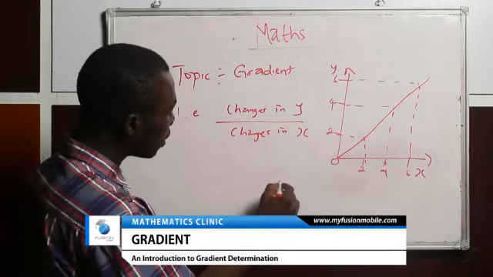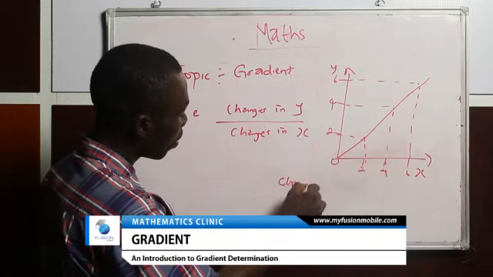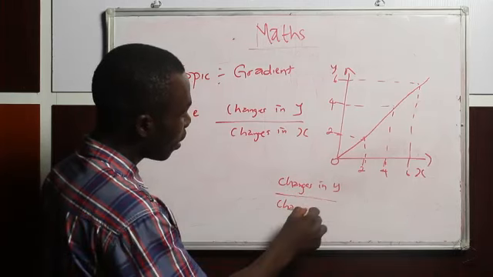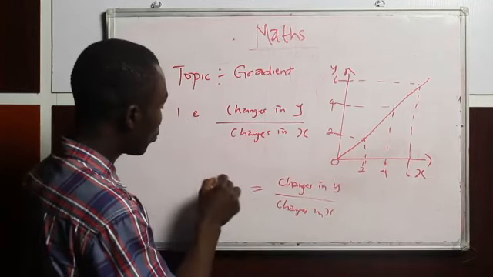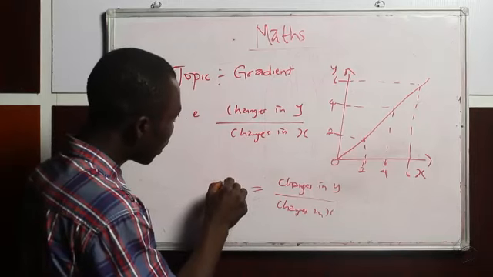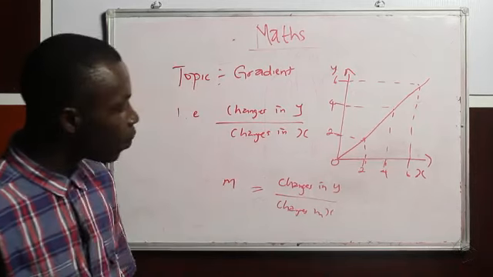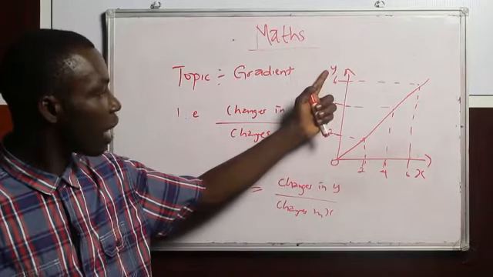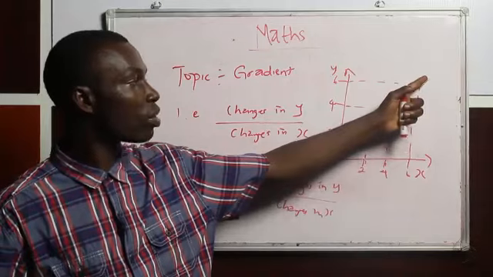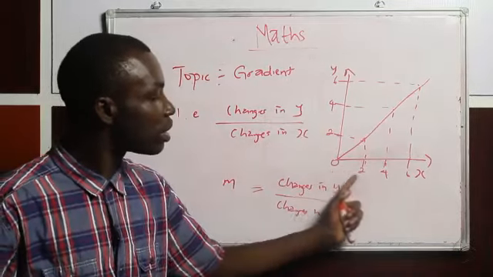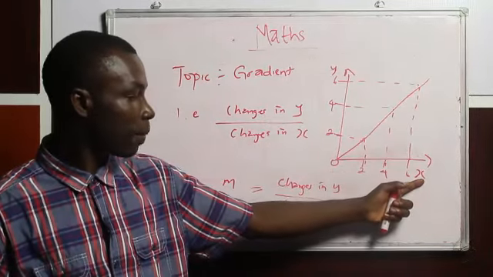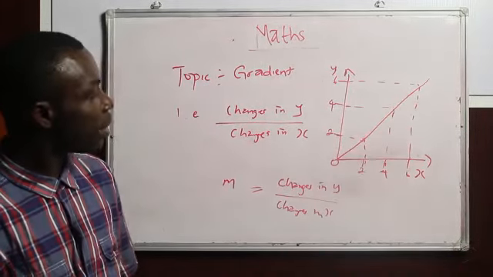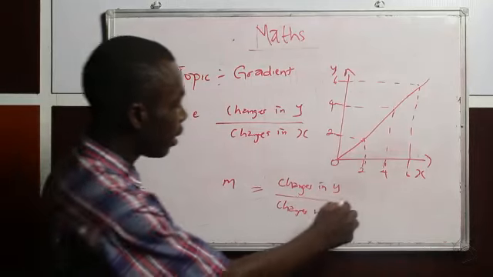How do we find the gradient of this straight line graph? We said changes in y over changes in x. m, which is denoted as gradient, shows that y, as it's moving straight forward, is changing with the x axis. Therefore, how do we find the value of this gradient?